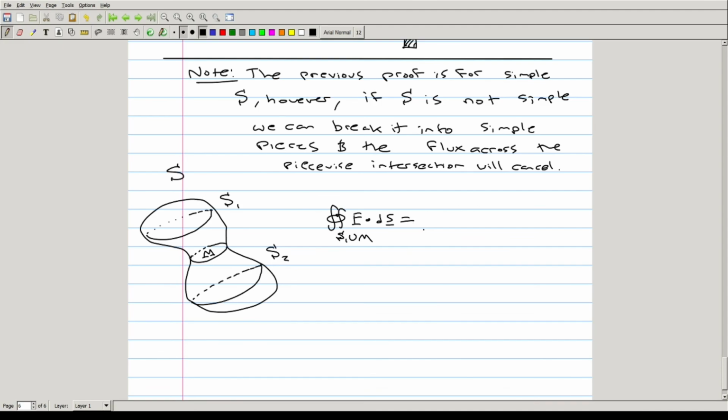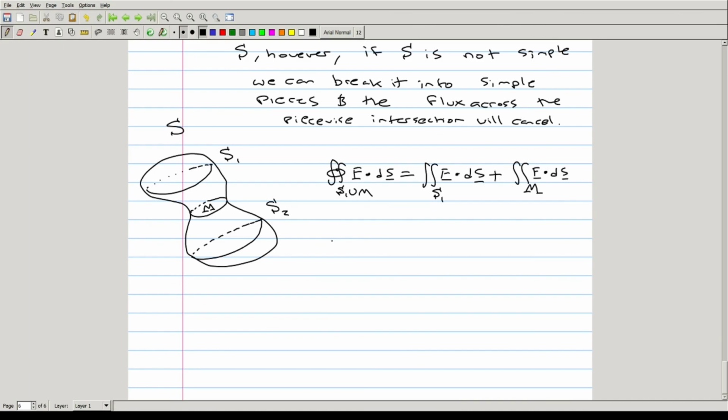is going to be the sum of the open integral over S1 plus the surface integral over M, and likewise the surface integral over S2 union M of F dot dS is going to be the open surface integral over S2 of F dot dS minus the surface integral over M of F dot dS.